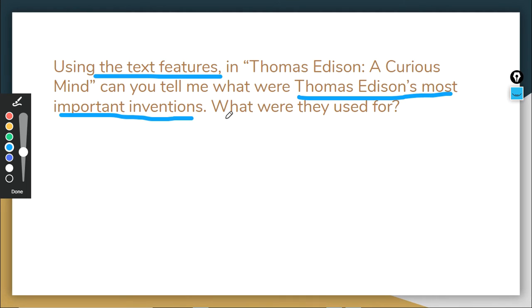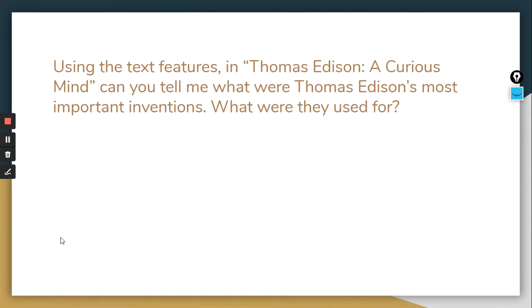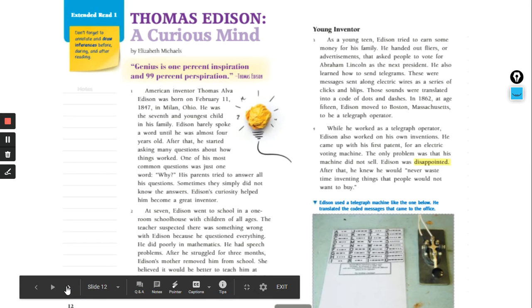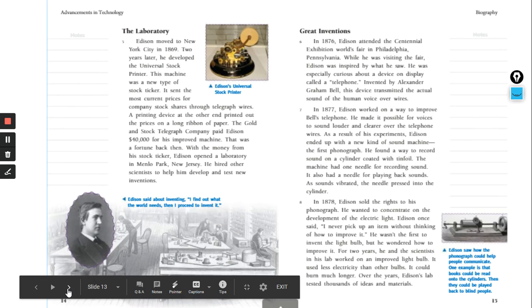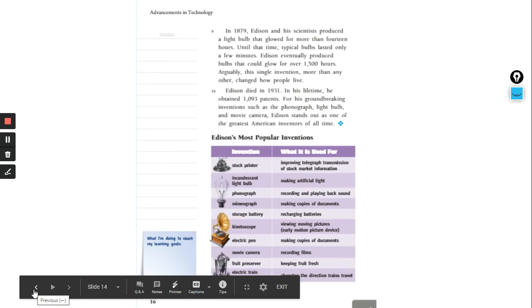But I also need to look for what they were used for. So not only do I have to say the most important, I want to know what they are used for. So I put the article here. Of course, if you need to, you can use Benchmark Universe, or if you got your text for close reading books from school this week, you could use those as well.